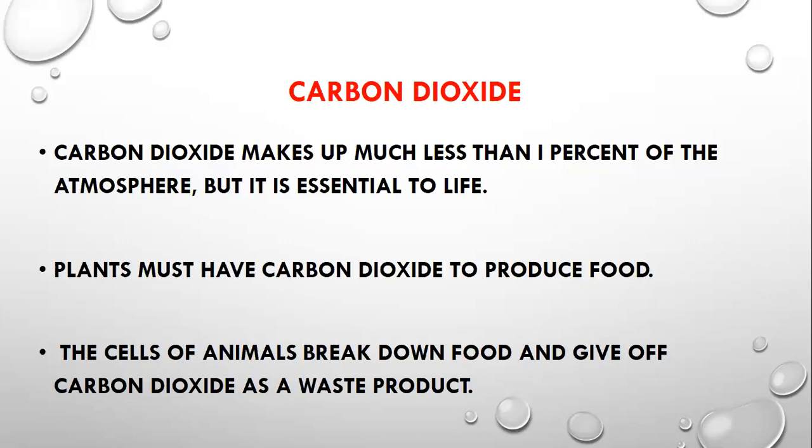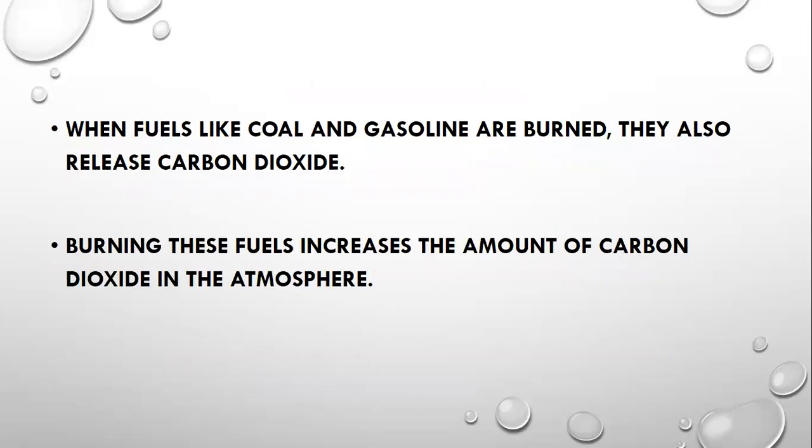The cells of animals break down food and give off carbon dioxide as a waste product, going out of our body through the lungs. And when fuels like coal or gasoline, fossil fuels, are burned, they also release carbon dioxide. Burning these fuels increases the amount of carbon dioxide in the atmosphere.